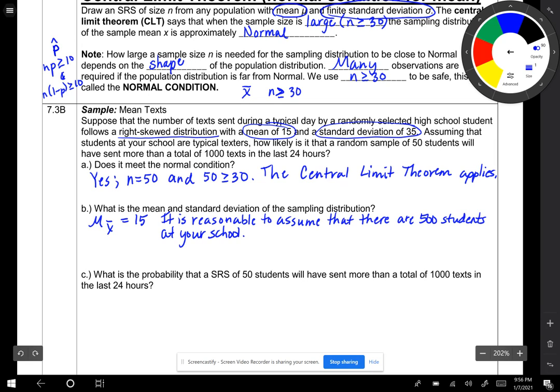So since we meet the independence condition, we can use the standard deviation formula.